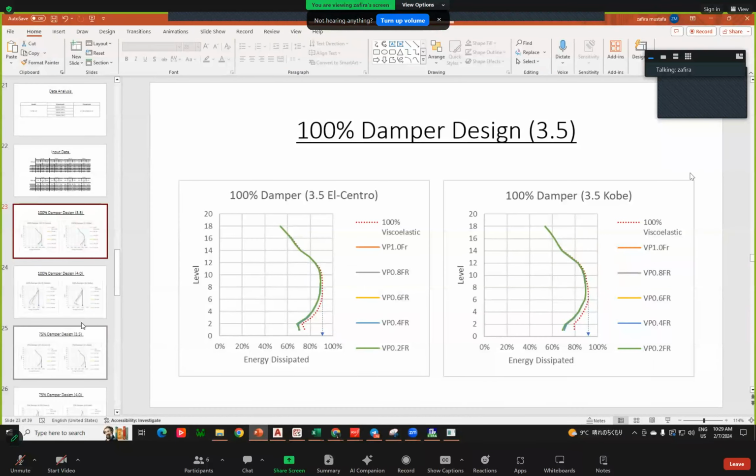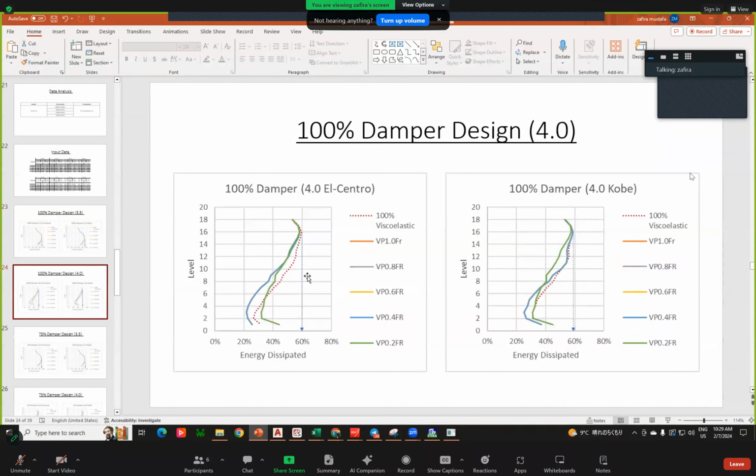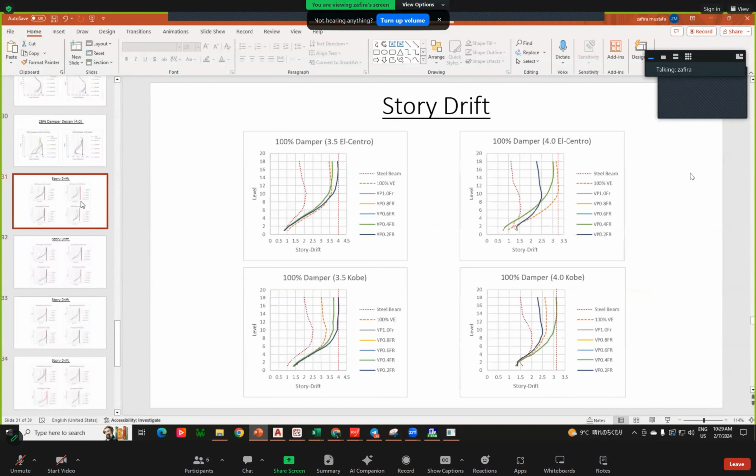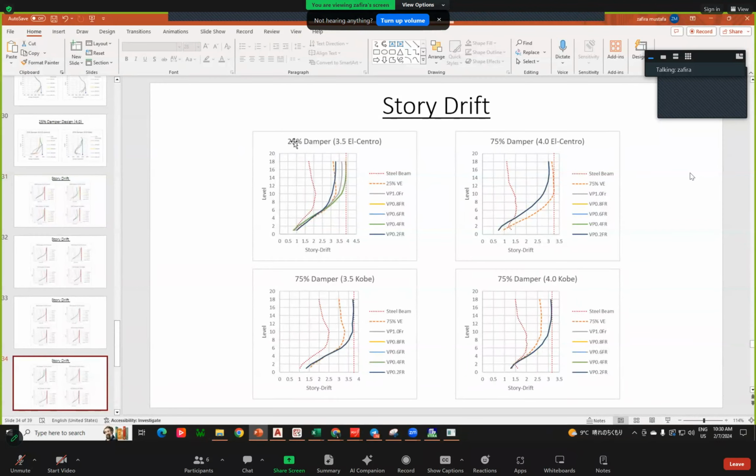But if we use a short beam, the top one dissipates more energy. This is the storage reef. This is 100% damper, which means 800 kilonewtons. And this is 200 kilonewton. What story?